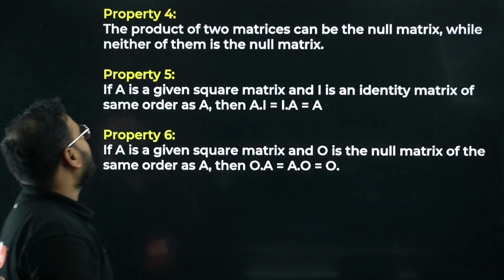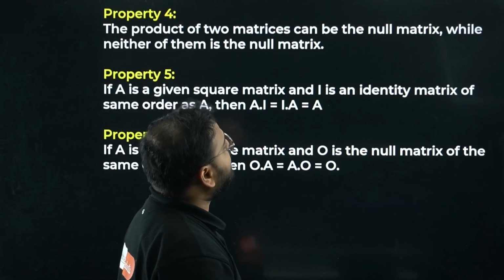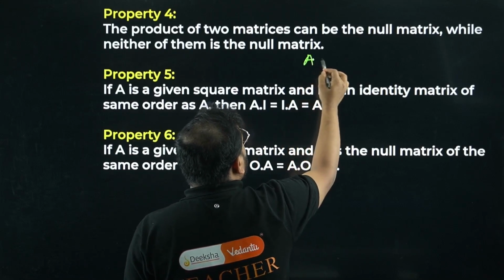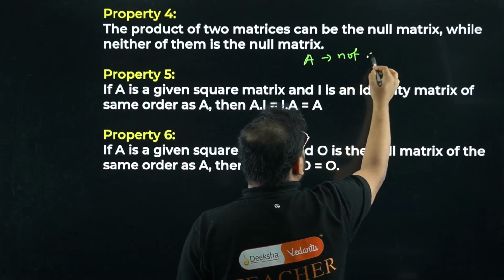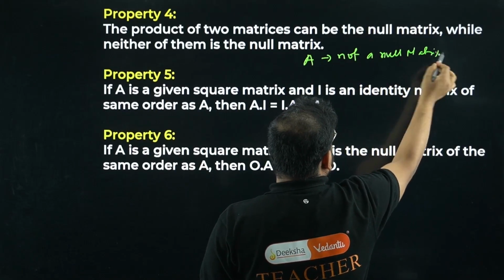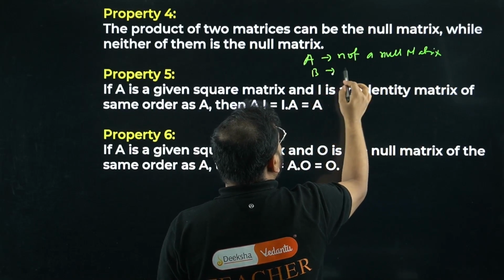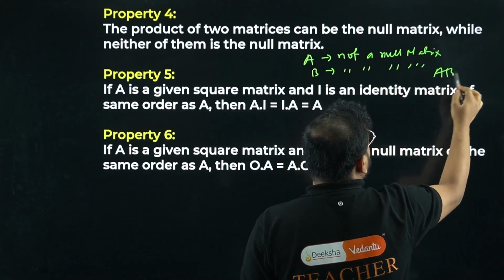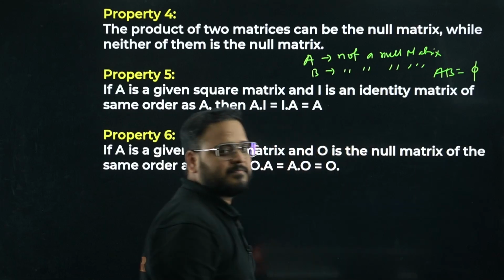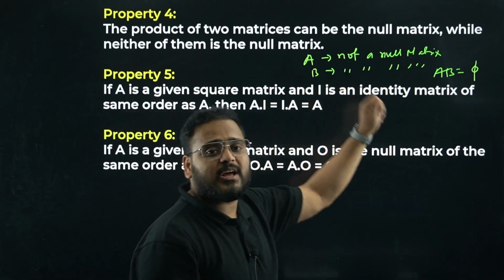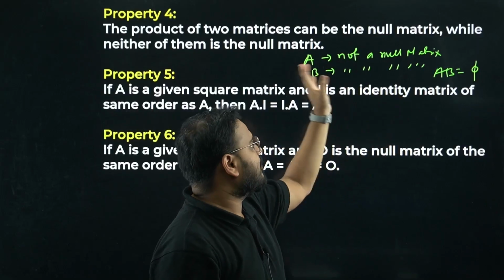Property 4, the product of two matrices can be a null matrix. Even though, let's say, I have matrix A, not a null matrix, and matrix B, not a null matrix, when you multiply AB, it can be equal to a null matrix. So even though individually the matrices are not zero matrices, the product can become zero.